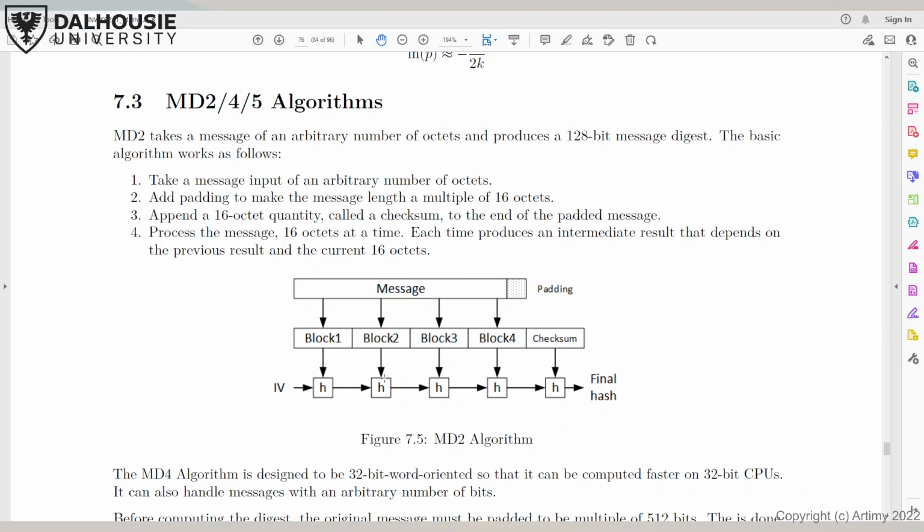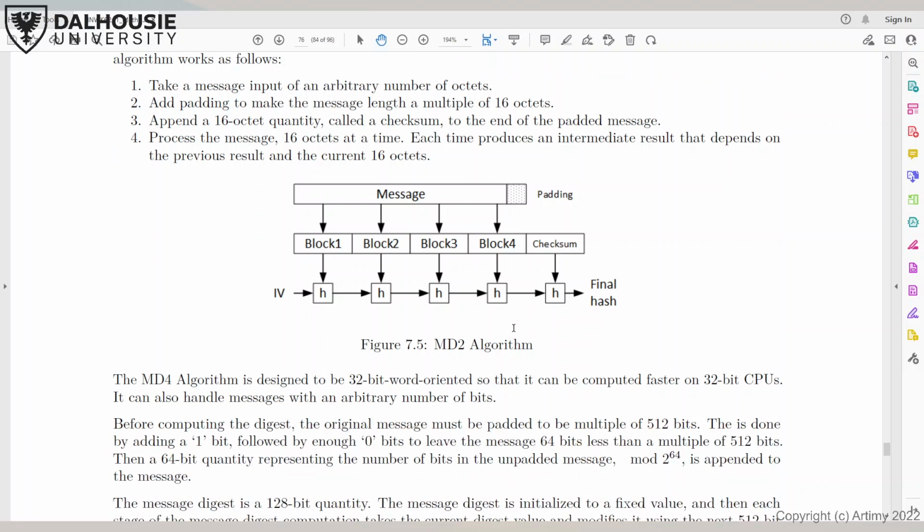The 128-bit output of the hash step is hashed with another block, and another block, and another block until we get the final hash. As we saw before, we could make the initial vector zeros, for example, or we could have a fixed number or random number.